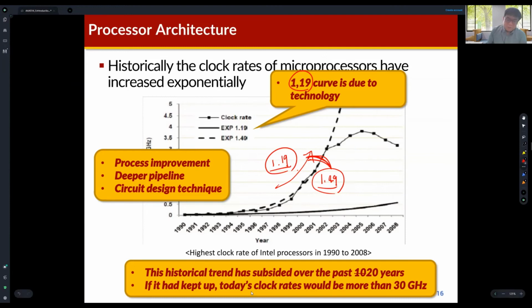This gap is caused by deeper pipelines, so architectural effort, and circuit design techniques, but also process improvement. Okay, so the architectural effort is also included in the development of this processor design.